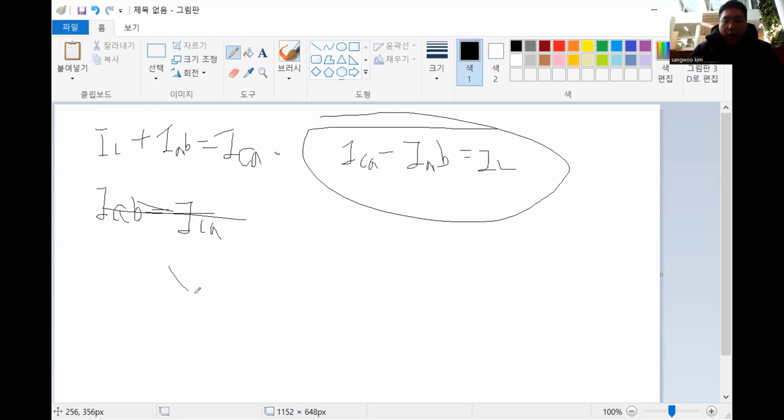So I'll explain why in delta, the line current is root 3 times bigger than the phase current. Look at that.